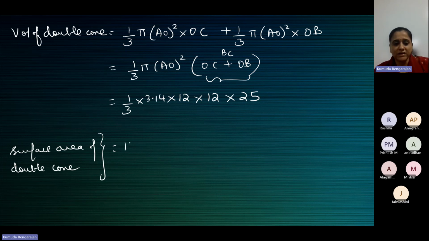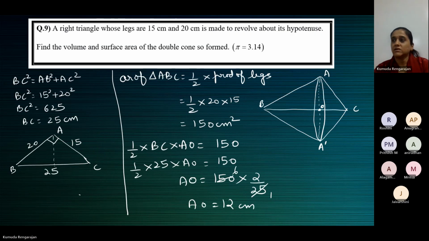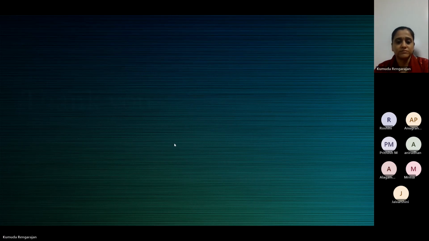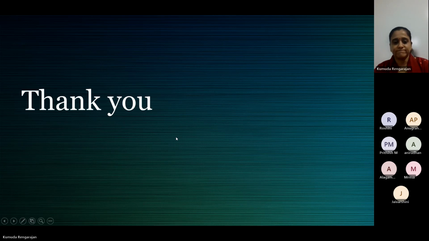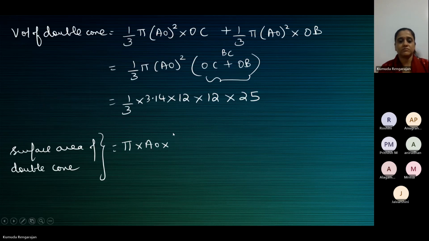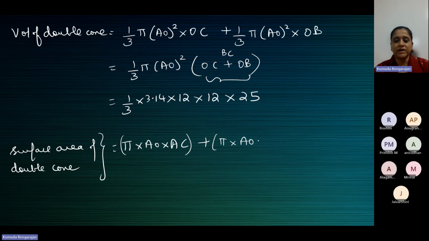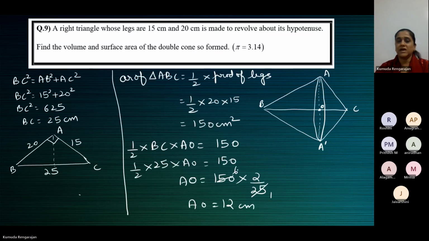So pi into AO into L, where L is the slant height of the small cone, AC. Pi RL, AC, plus pi into R, AO, into L, AB.